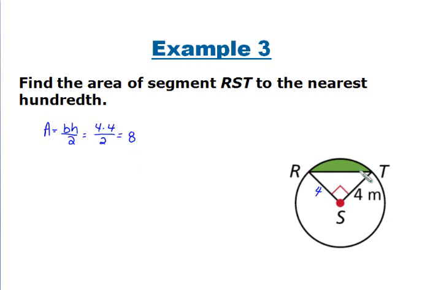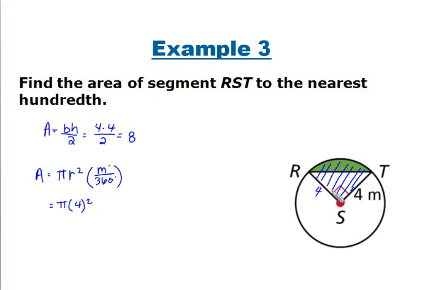Now I only want this green part right here. So I'm going to use the area of a sector. So the area of the sector is going to give me all of this area right here. And then I'm going to subtract the area of the triangle that I found. And what will remain is this green part right here. So for the area of the sector, you had pi times the radius squared times your central angle divided by 360 degrees. We know that the radius is 4.